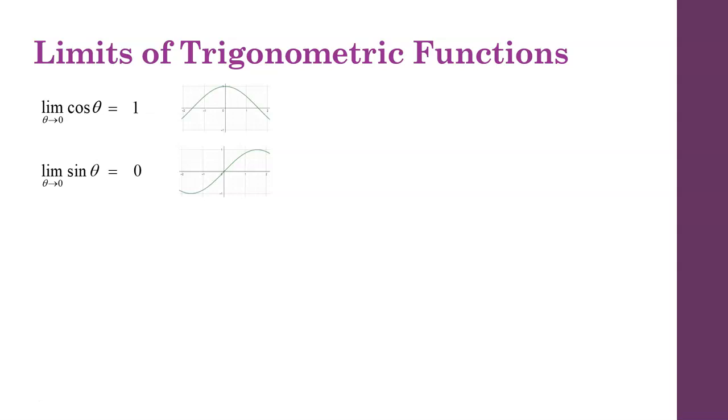Next, we're going to look at a limit that we are going to need later on in future sections to derive more important formulas, and that is the limit as theta goes to 0 of sine of theta over theta. Now here, once again, theta equals 0 would make the denominator of this fraction 0, so I can't just plug in 0, and there isn't much algebraic manipulation that can be done here, so we can't really tell you what that limit is without a little bit of work.